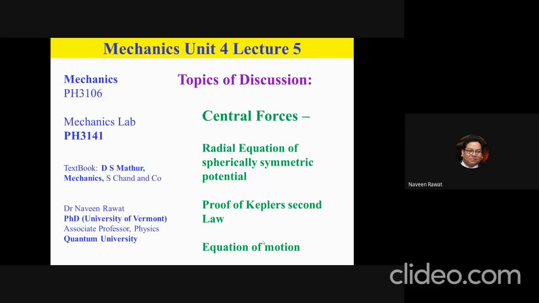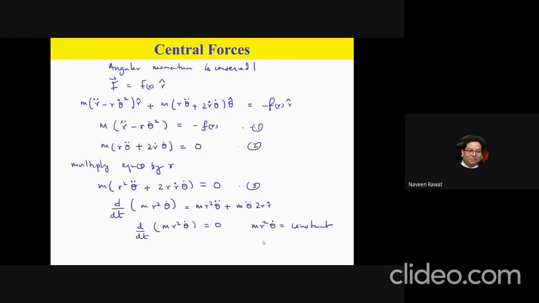in the previous lectures. One of them was that we started with a discussion about the angular momentum being conserved for central forces. This was in one of the beginning lectures, and in this case, we decomposed and got two equations.